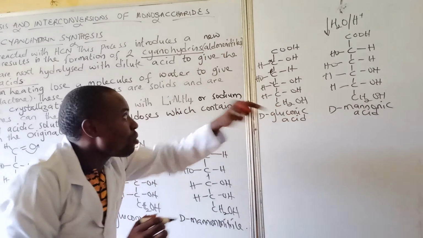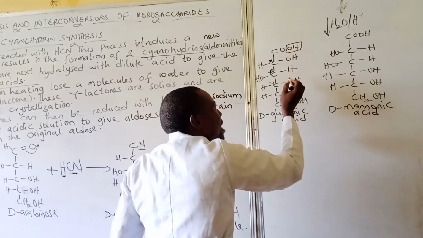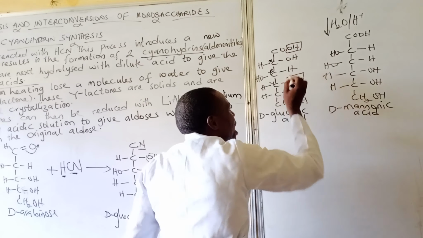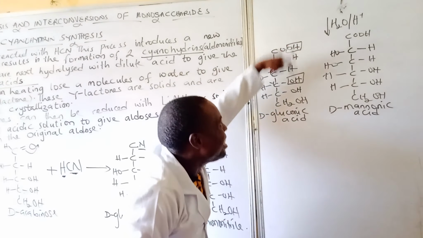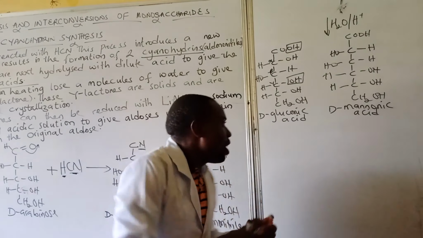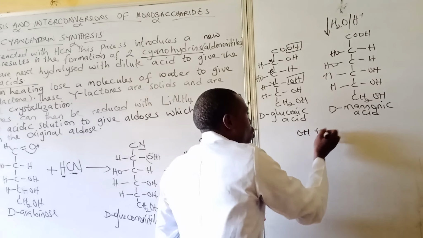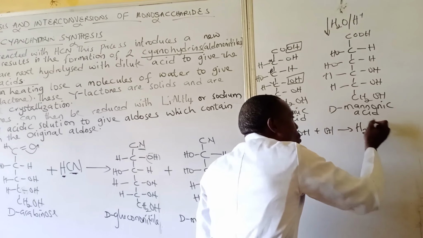Now, the reaction: this OH here will react with this OH, which are hydroxyl groups, and they react within themselves. It is an intramolecular reaction. OH plus OH should give H2O plus O.